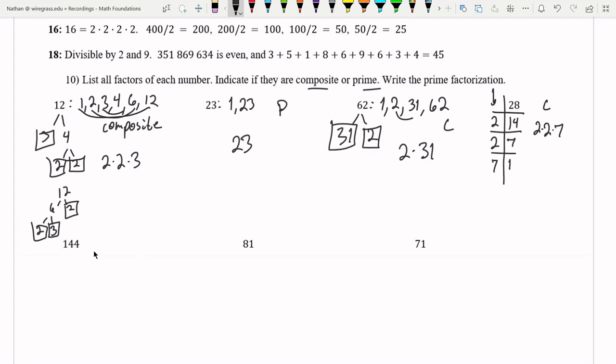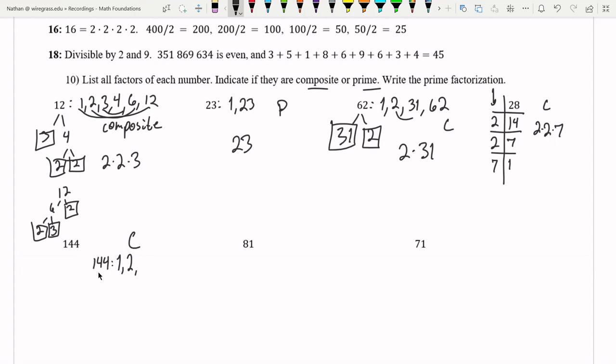Okay, 144, this is an even number, so it's definitely not prime. It's going to be composite. Factors of this thing, I should do that first before doing the prime factorization. 144, we go 1 times 144, 2 times, it's going to be 72. 3 can go into there.